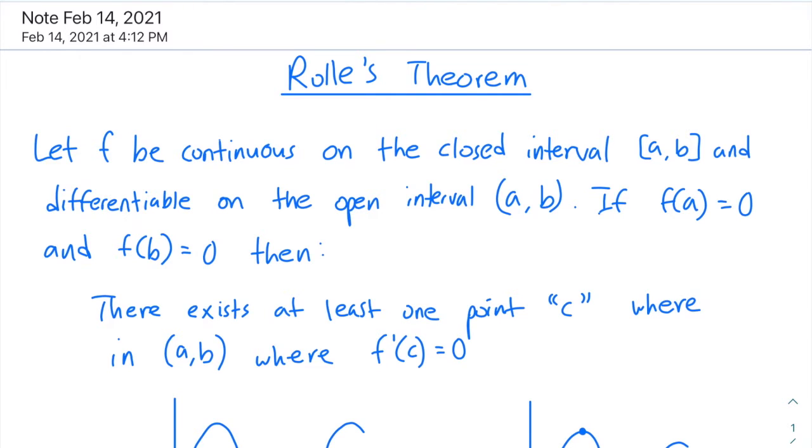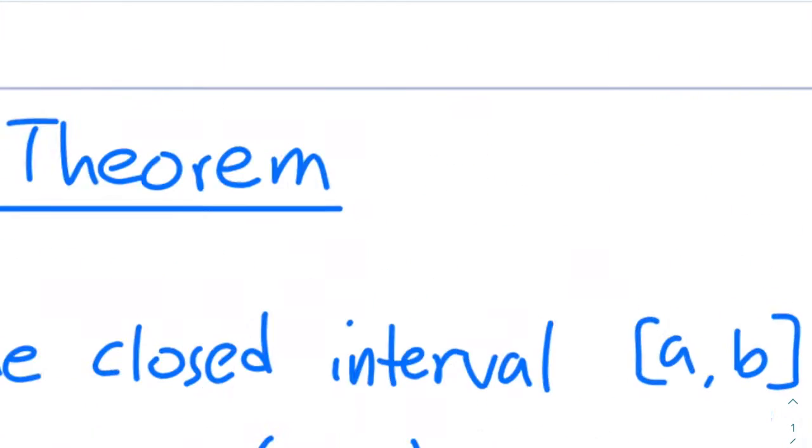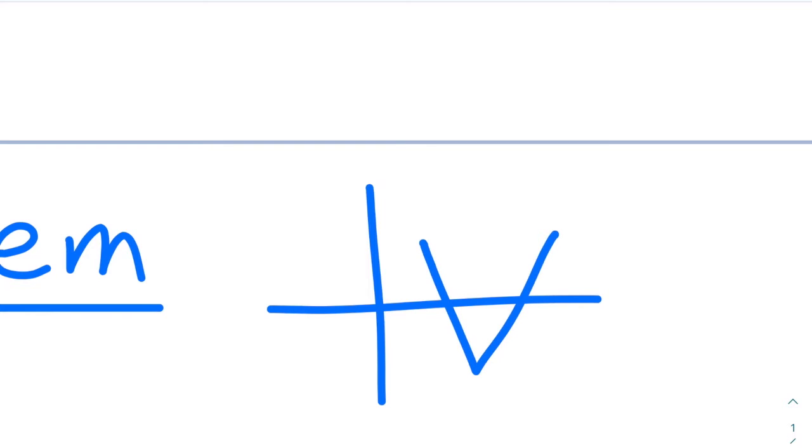But what are some things that don't have a derivative? For example, let's say you had this graph of an absolute value function. Assume that this is a, assume that this is b. What is the derivative at this point over here? This point is called a cusp, which is really just the turning point of an absolute value function.